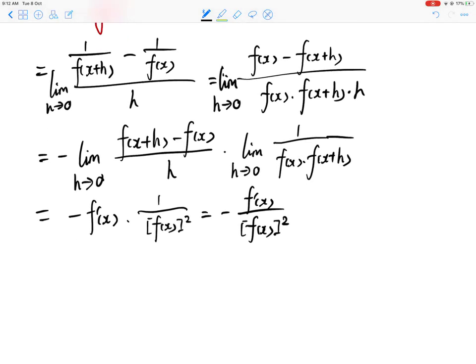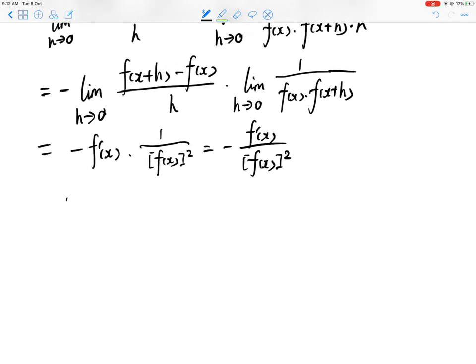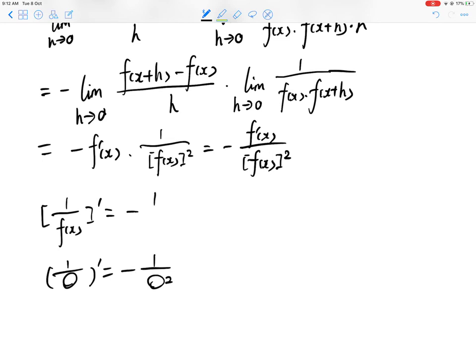Again, you can use the chain rule. You should get the same result. For 1 over f(x), what's the derivative? When you use the chain rule, first it's 1 over something. The derivative is negative 1 over this thing squared, so it's negative 1 over f(x) squared.